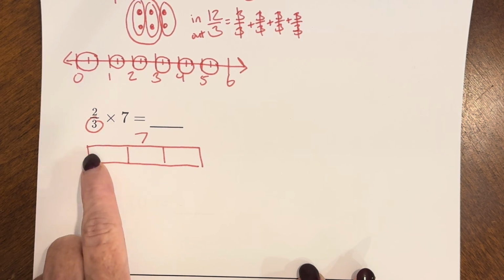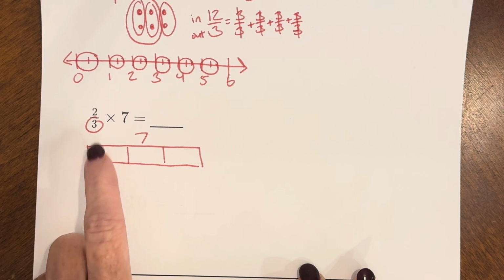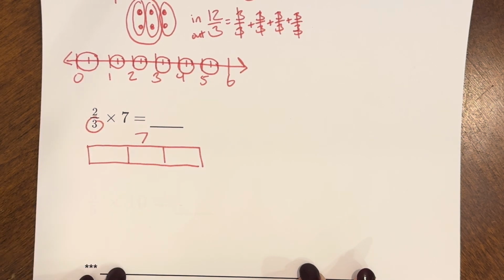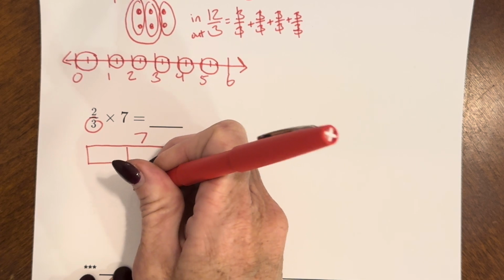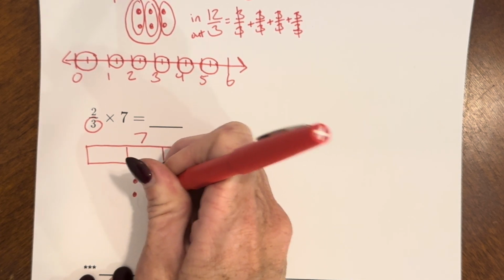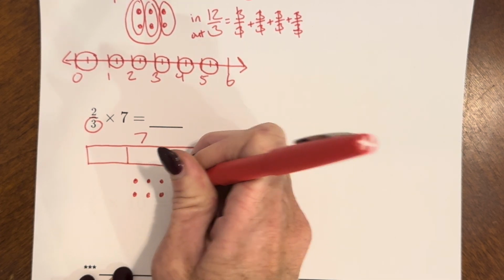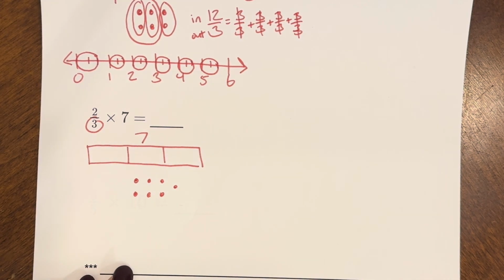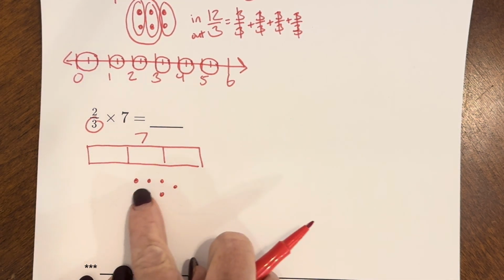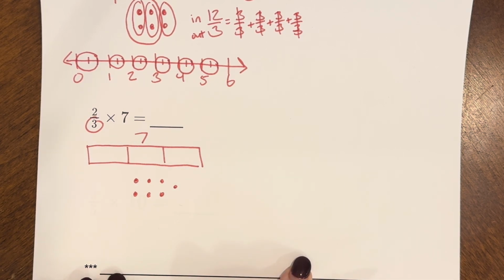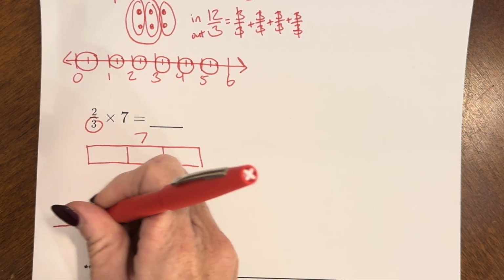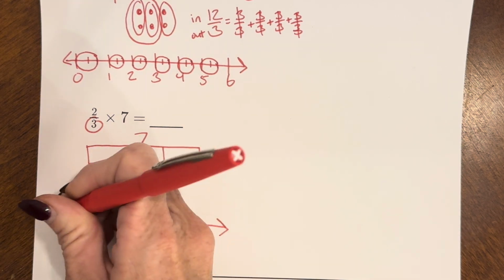Nothing. I can't do that. So a tape diagram won't work for this problem. If I try to use my dots for this one, the same thing. I can't divide this into 3 pieces or thirds. So for this problem, I would have to use my number line.